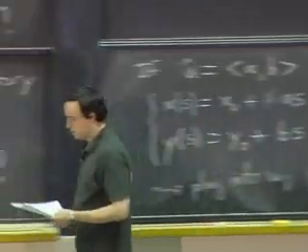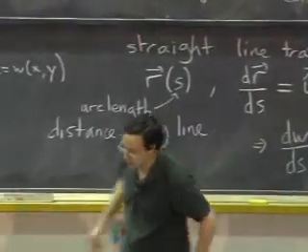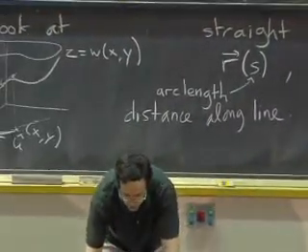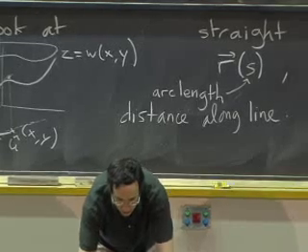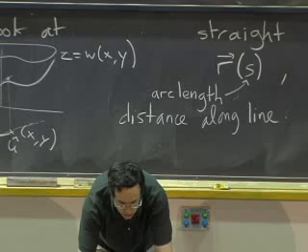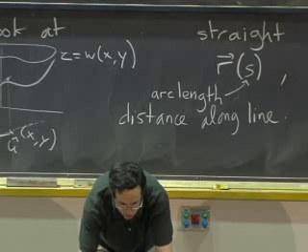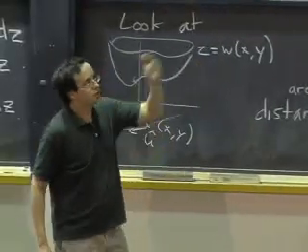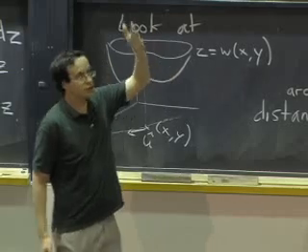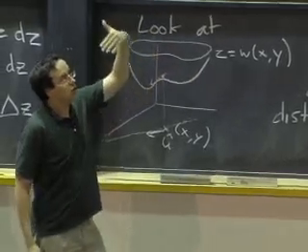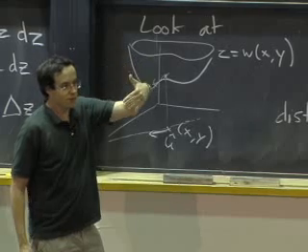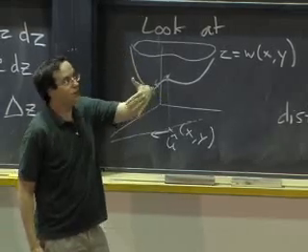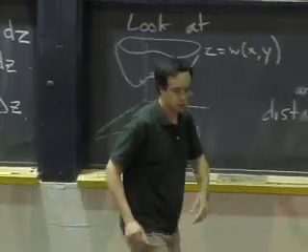Okay, so let's see what it means geometrically. Remember, we've seen that the partial derivatives are the slopes of slices of the graph by vertical planes that are parallel to the x or the y directions.